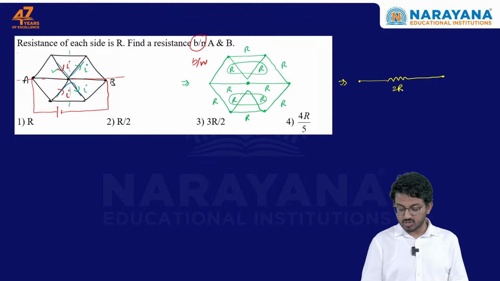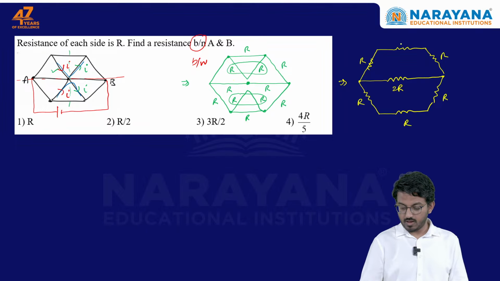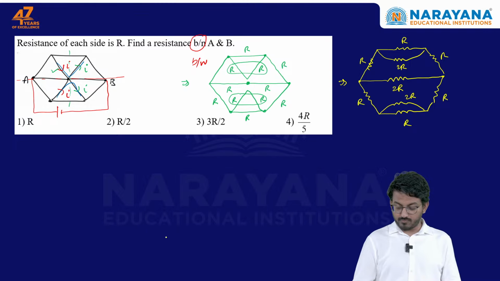So this straight base part becomes 2R here. So each of these is R, R, R, R, R, and R. This remaining part becomes 2R here and 2R here. So we can go further.